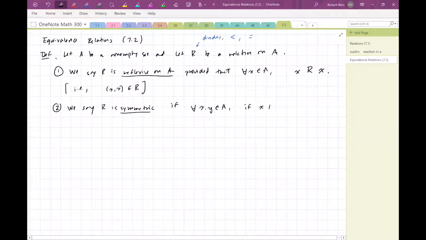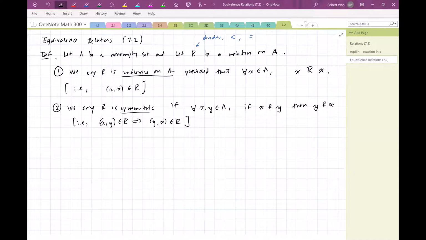That is, (x, y) is in R implies (y, x) is in R. So if something is ever in the relation, then also when you swap the two coordinates, that thing is also in the relation.